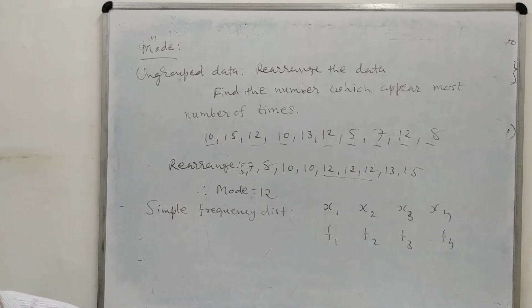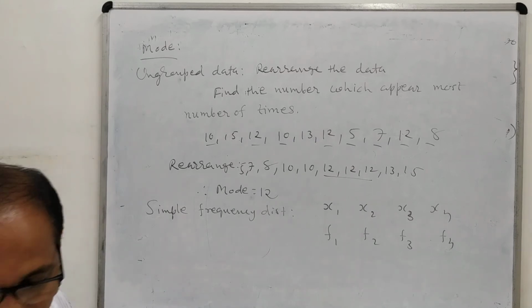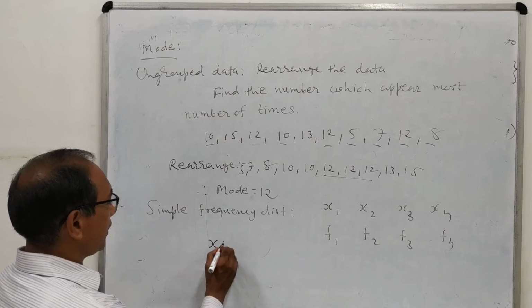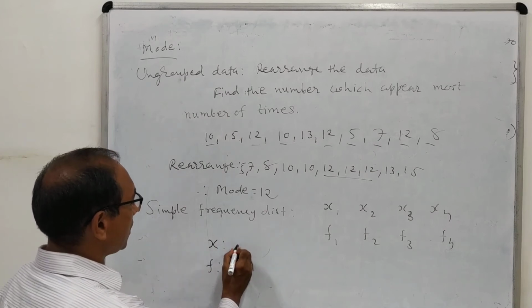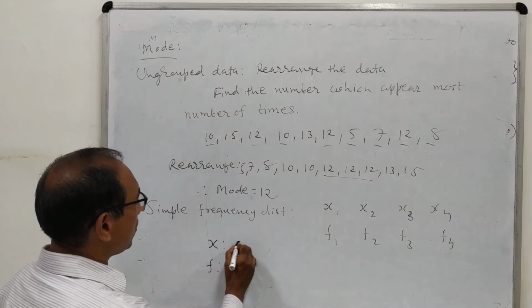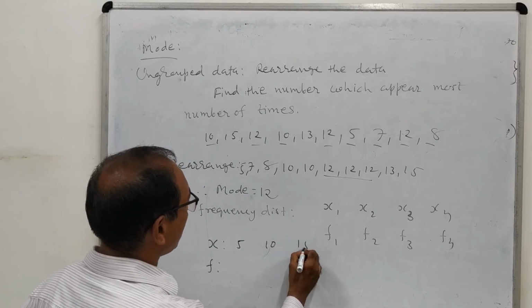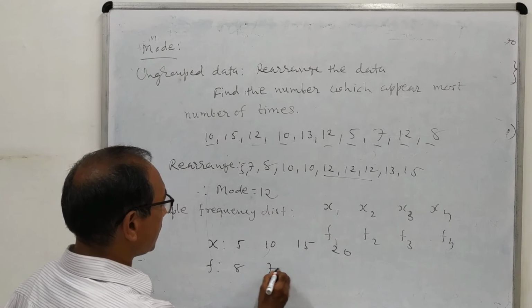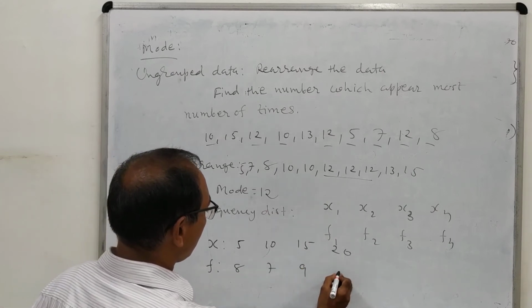Okay, let us see one example. Suppose we are given the data X and F. X has the values 5, 10, 15 and 20, and the frequencies are 8, 7, 9, 6.